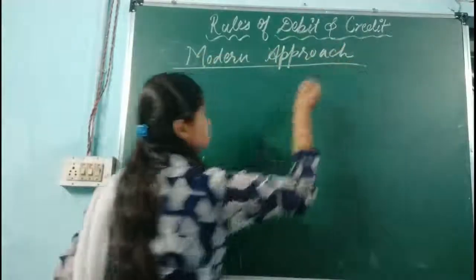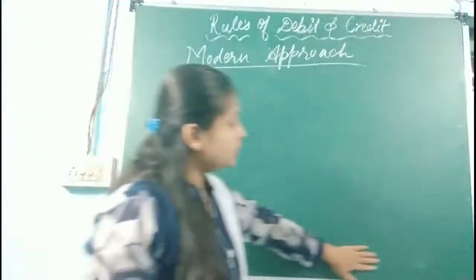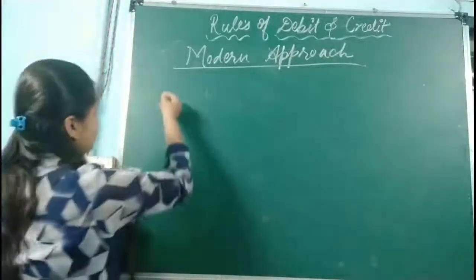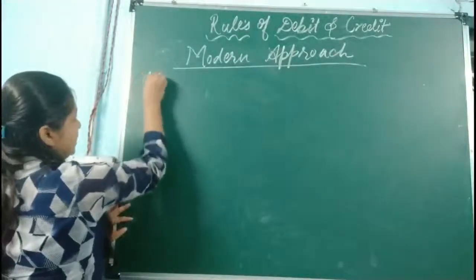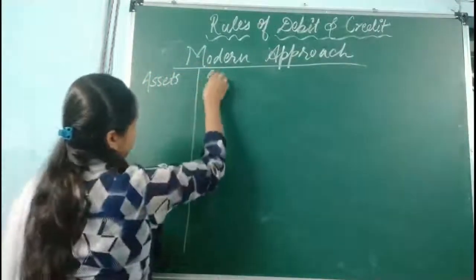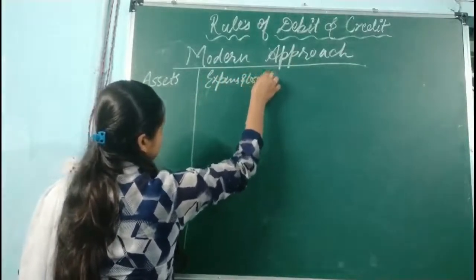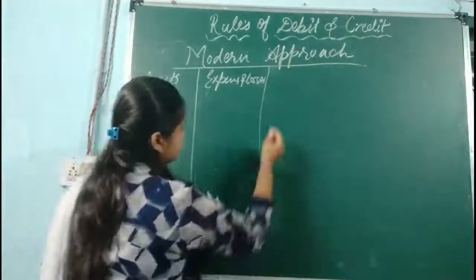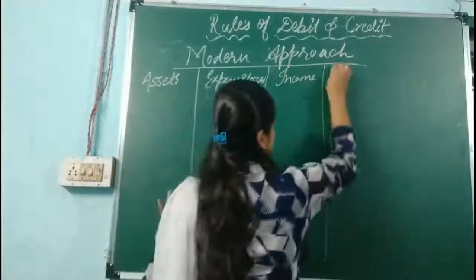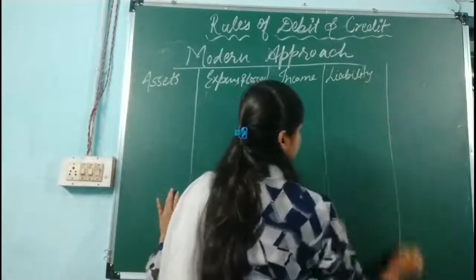Modern approach. Now, through this modern approach, it has divided the rules of debit and credit into 5 parts: assets, expenses and losses, income, liability and capital.